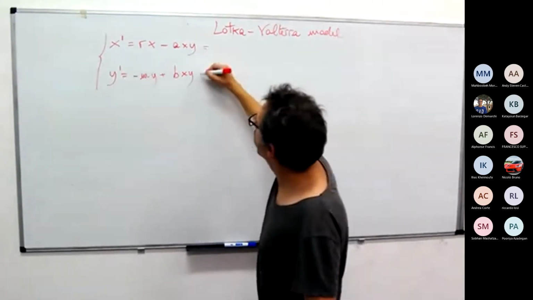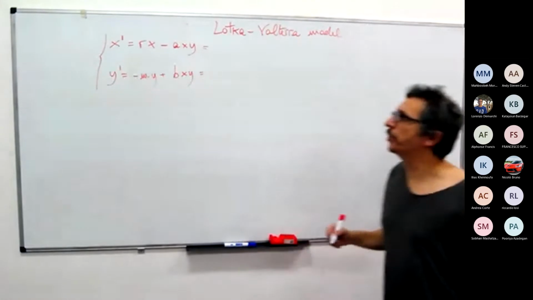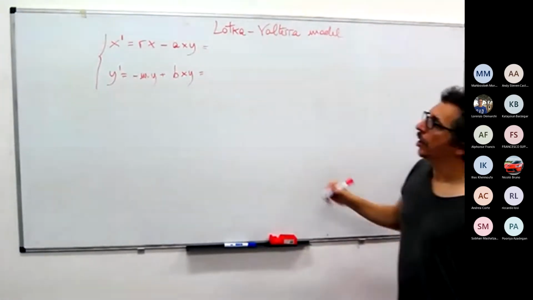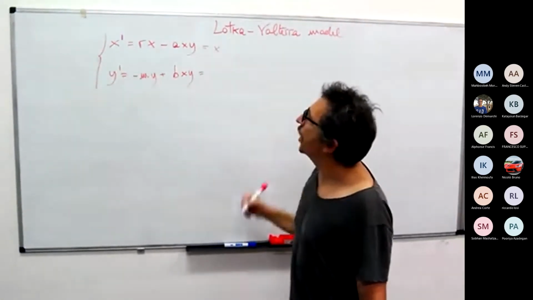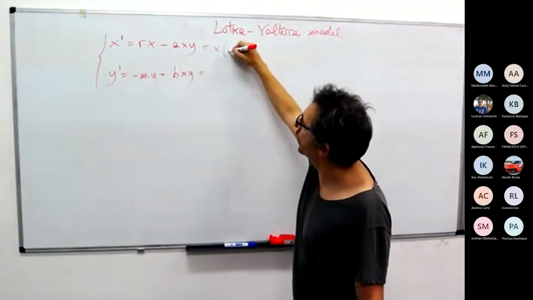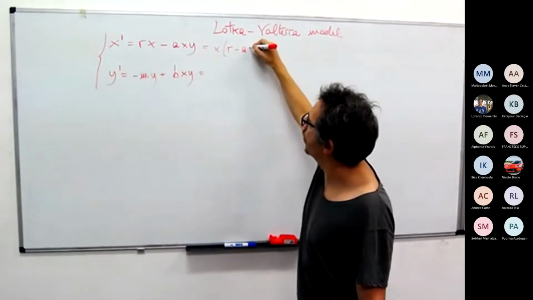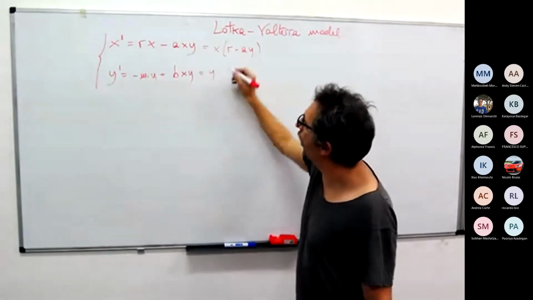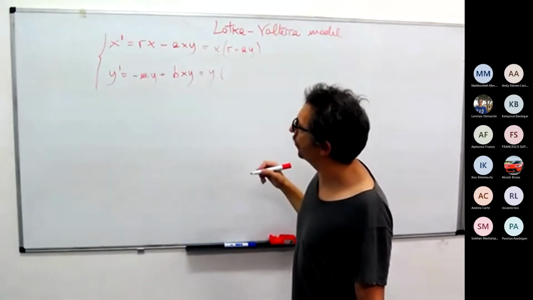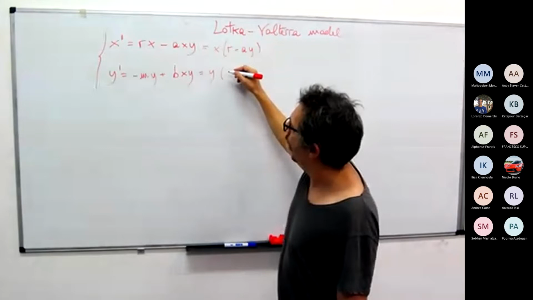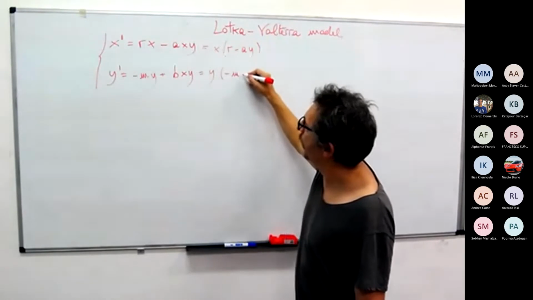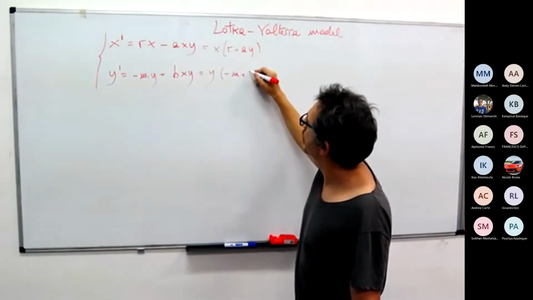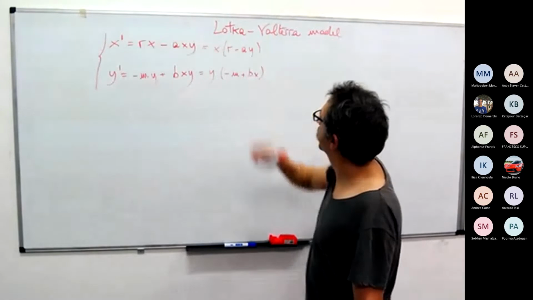Now let me rewrite the expressions on the right hand side. In the first one I can put outside an x, so it's x times (r minus a y). In the second one I can put outside a y, and I have y times (minus n plus b x).